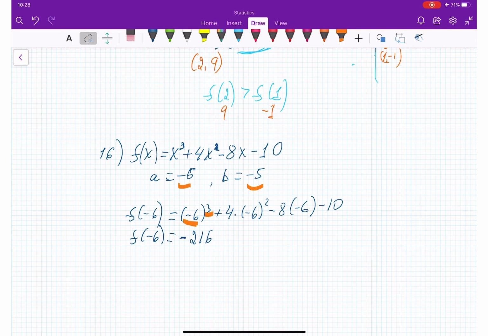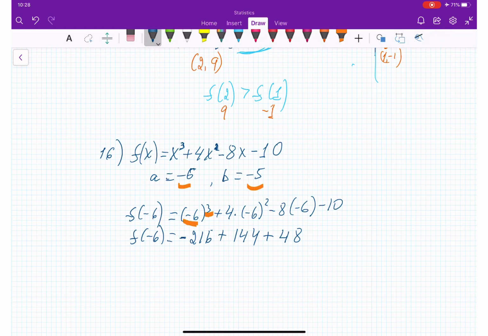Okay, negative 216 plus 4 times negative 6 squared, which is 36, so 36 times 4 is 144, positive, because negative 6 squared is positive 36. And then plus negative 8 times negative 6, which is positive 48.